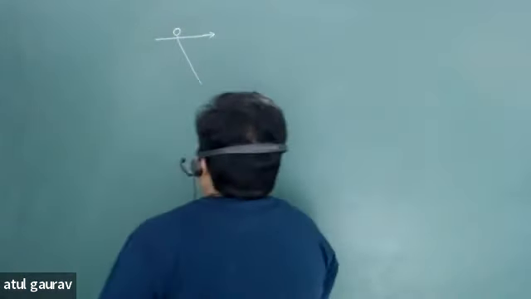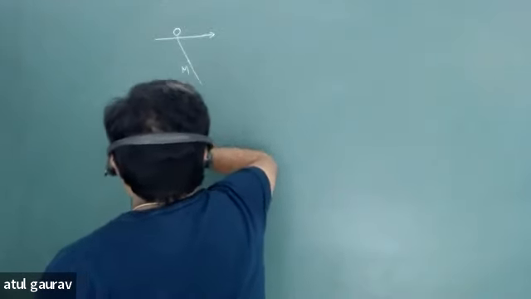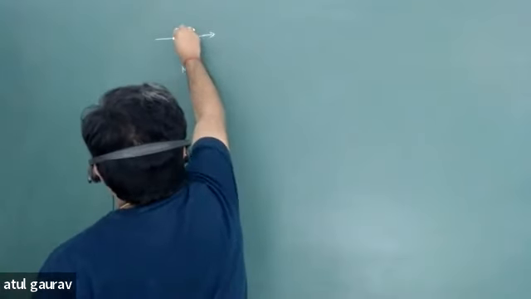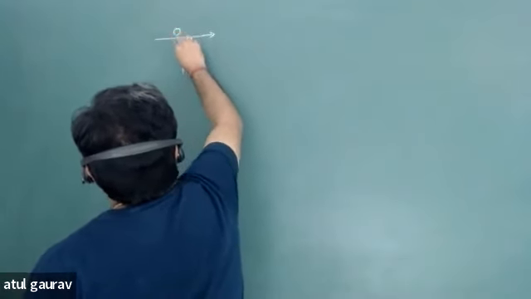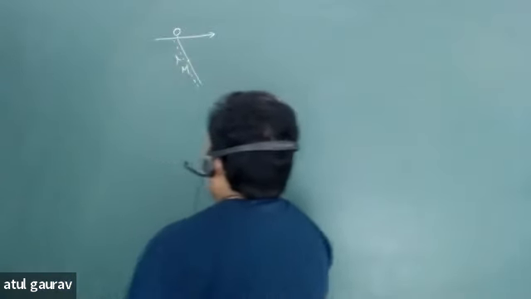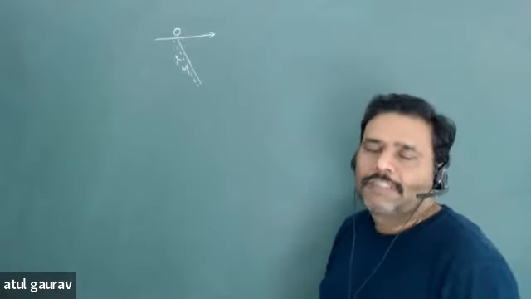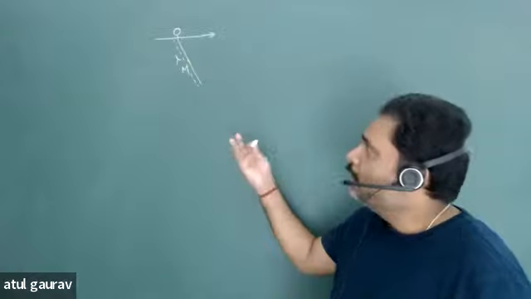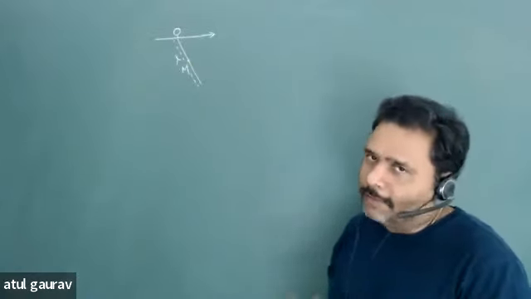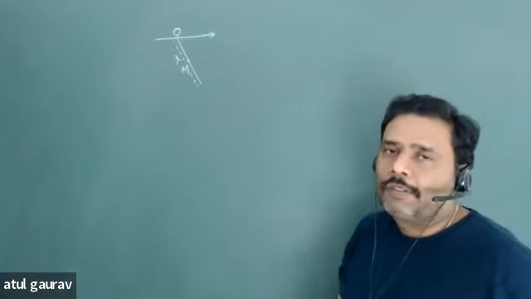The mass of the rod is m and the length of the rod is L. So what we have to do is write the total energy of the system, and using the total energy we can also calculate the equation of motion. So let's first write the total energy, and then go for the equation of motion.